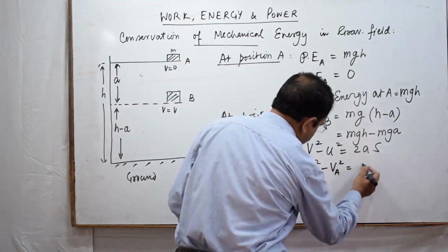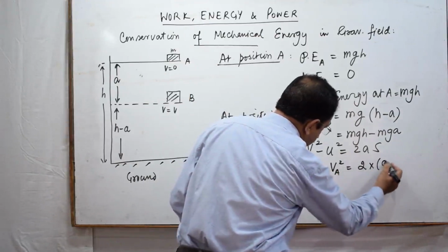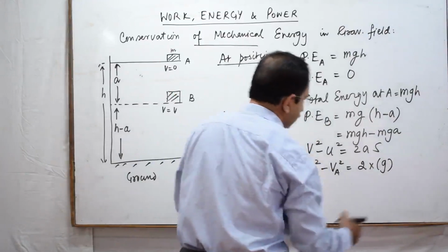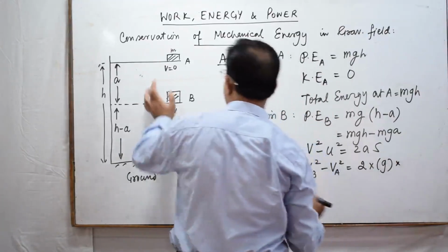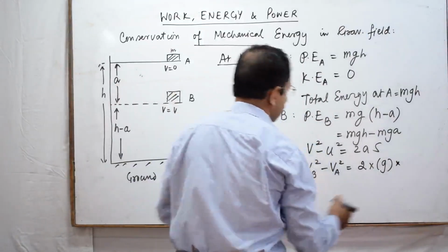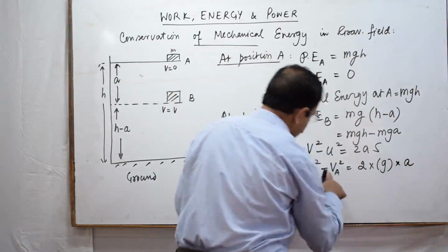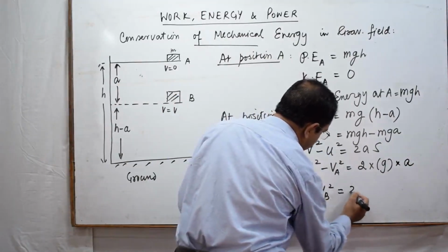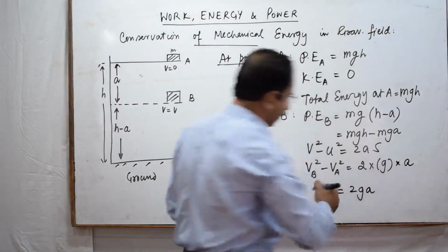square is equal to 2 into what was the acceleration during this course. The acceleration during this course was g, and the distance traveled by this object during this course is a. So I substitute va equal to 0 and I obtain vb square is equal to 2 into g into a.